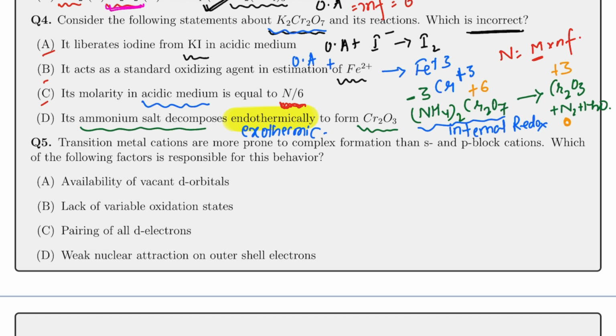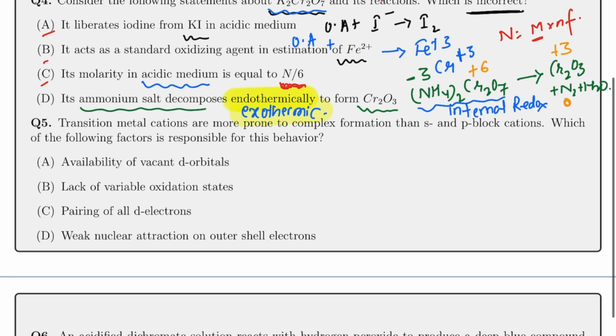So it's the same compound in which one of the elements is oxidized, another element is reduced. It's an internal redox which is happening, which means it will be highly exothermic. So this is what you must be absolutely careful with respect to the reactions and all that has been taught to you regarding all those minute informations. If you have it in your mind, then it will be very easy for you to solve questions.